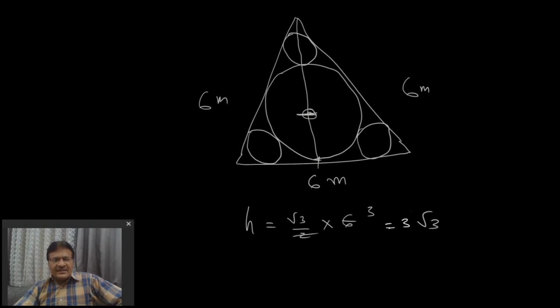If I divide this 3 root 3 in 1:2, then this would be root 3, and from here to here, this would be 2 root 3. Are you agree with this? And in this 2 root 3, this is again root 3 because this is the radius. So the remaining portion upside would again be root 3. Is that clear? I don't think there should be any problem in that.